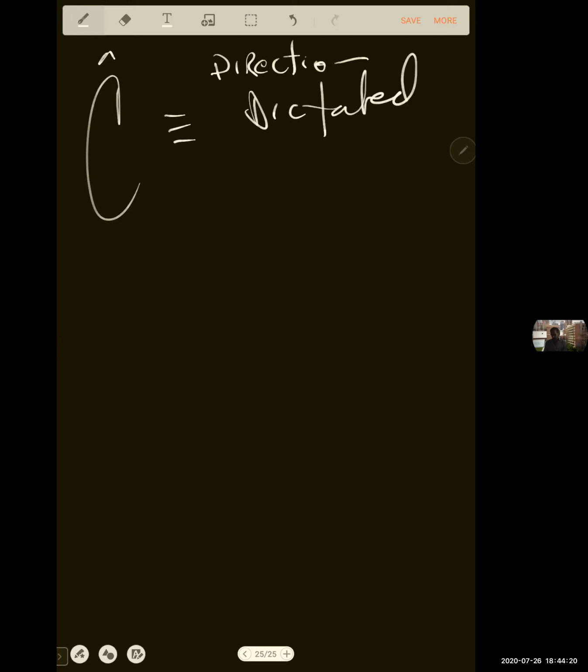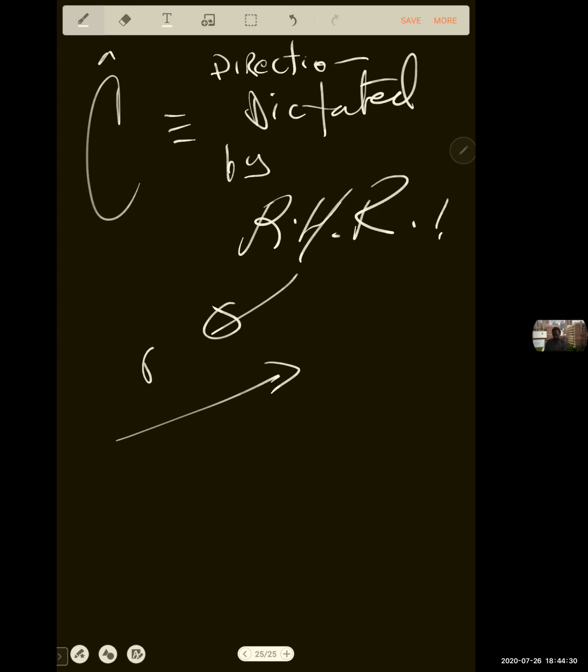I'm going to have to say that very fast, but the direction of the answer we get will be a direction dictated by what's called the right-hand rule. In other words, this is the rule.